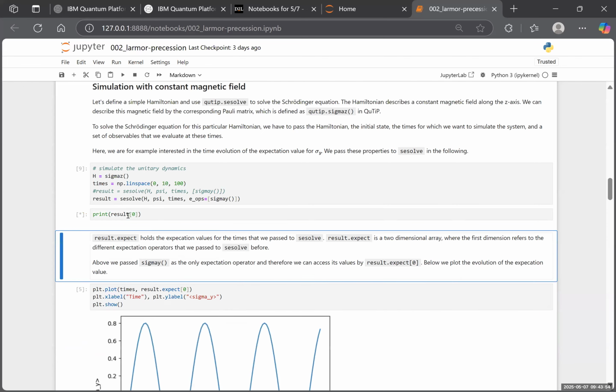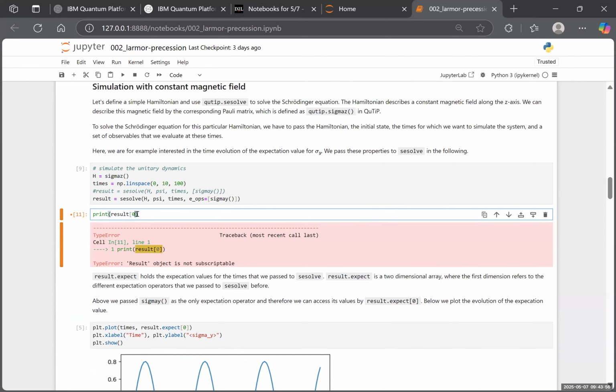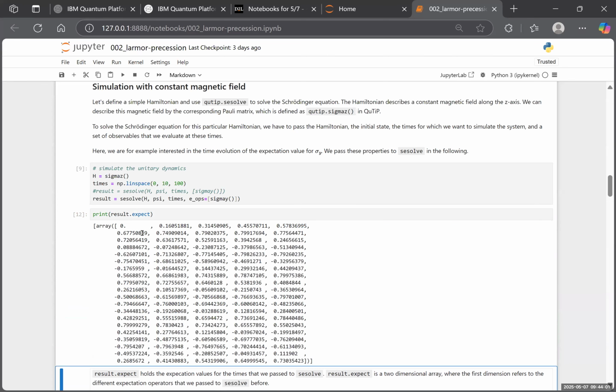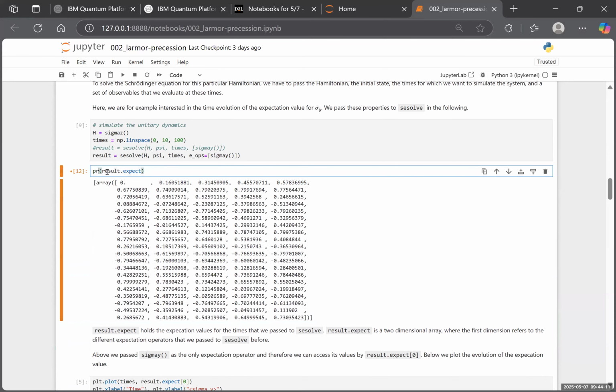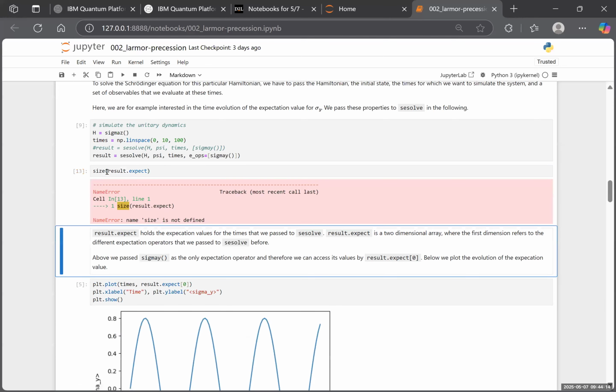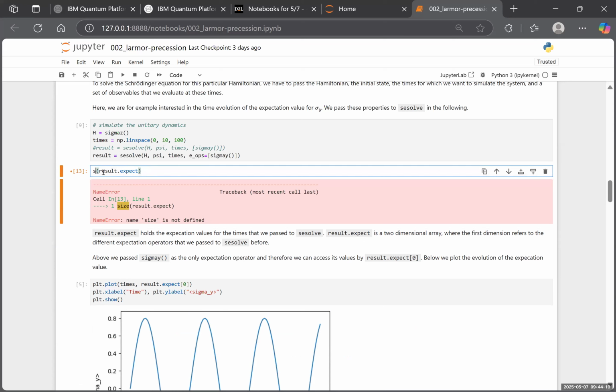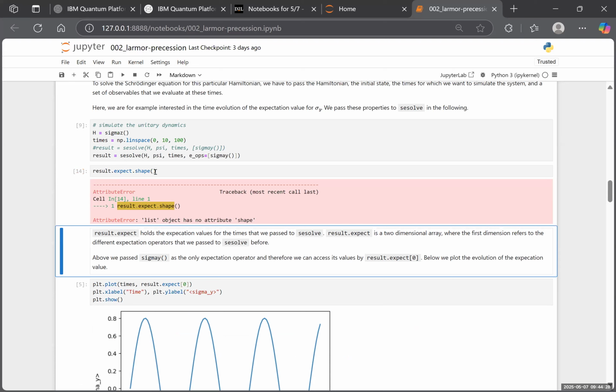We should say expect. Size is not defined. So this is a list.